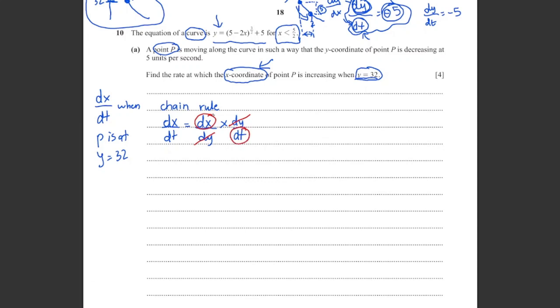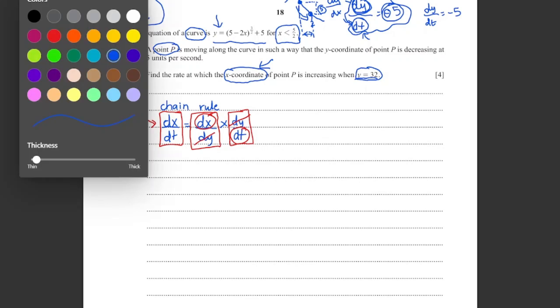So I need to multiply this thing right over here with this thing right over here, and that is what my rate of change of the x-coordinate is. That is what my dx over dt is. So that is what I am going to do.